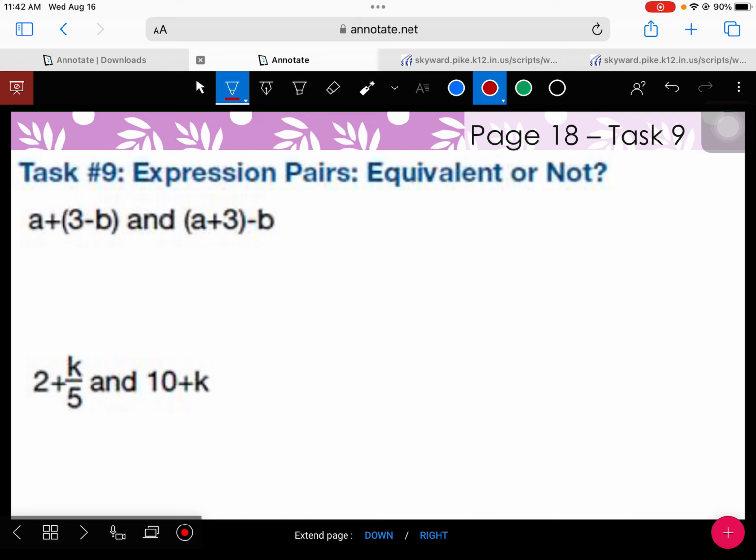Distributive property, an algebra teacher's favorite property.